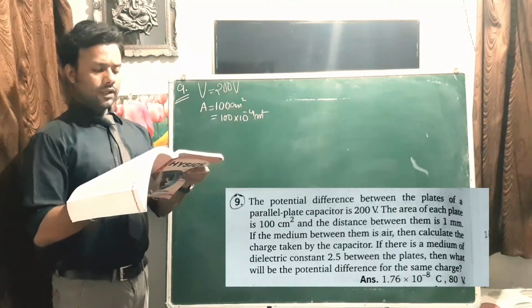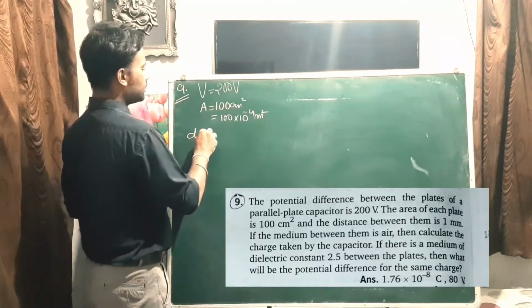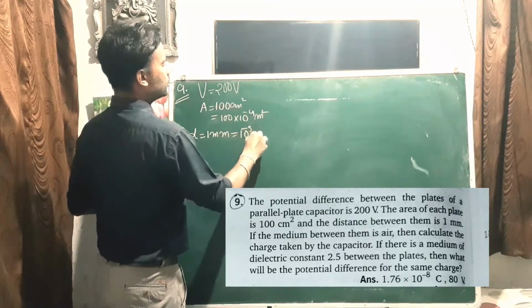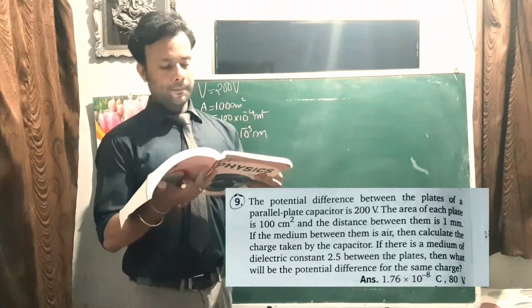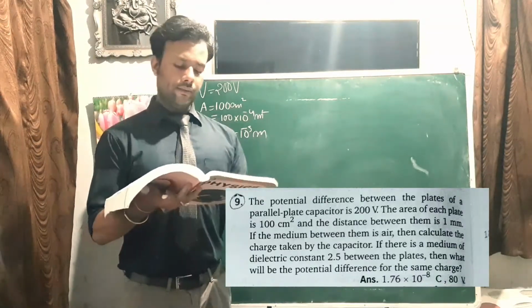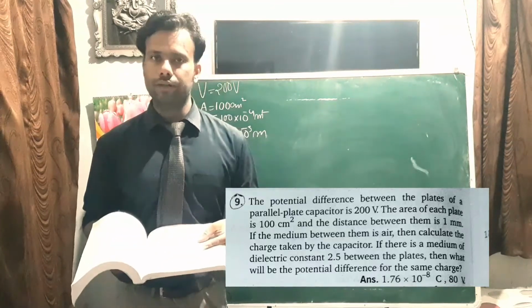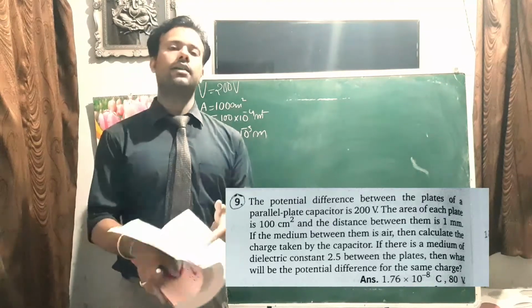What's the next part? The distance between them is 1 mm, so d is 1 millimeter, which means 10 to the power minus 3 meter. If the medium between them is air, that means K will be 1. Then calculate the charge taken by the capacitor.